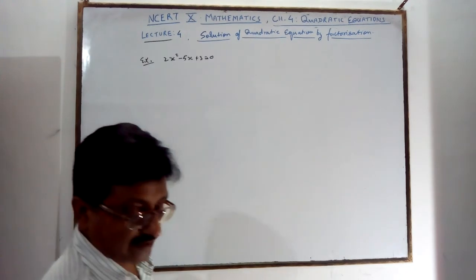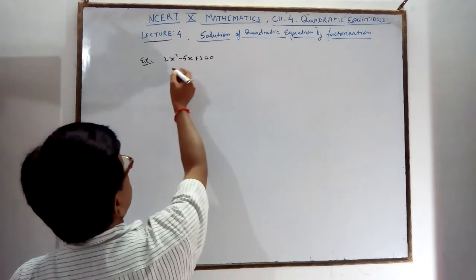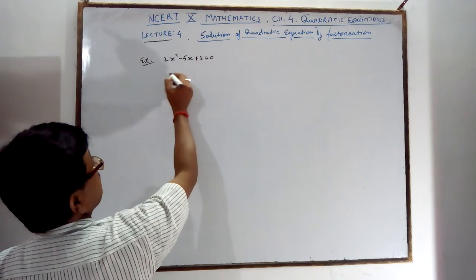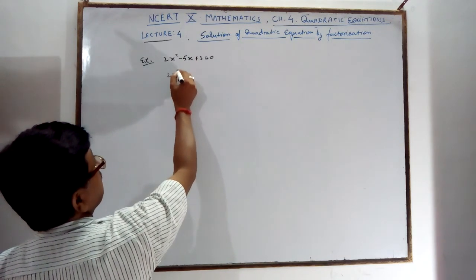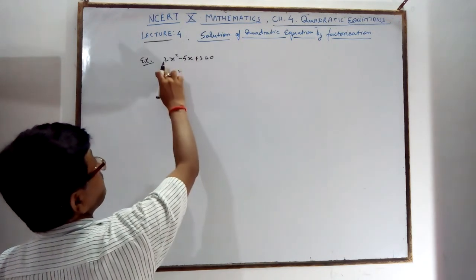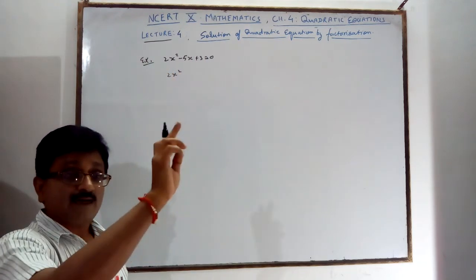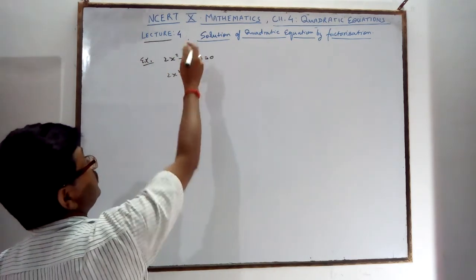What is the middle term factorization? We'll see. Middle term factorization means multiply first and last, 2 into 3 is 6, and you will factorize 6 into two factors whose sum will be minus 5, as we know from the previous class.